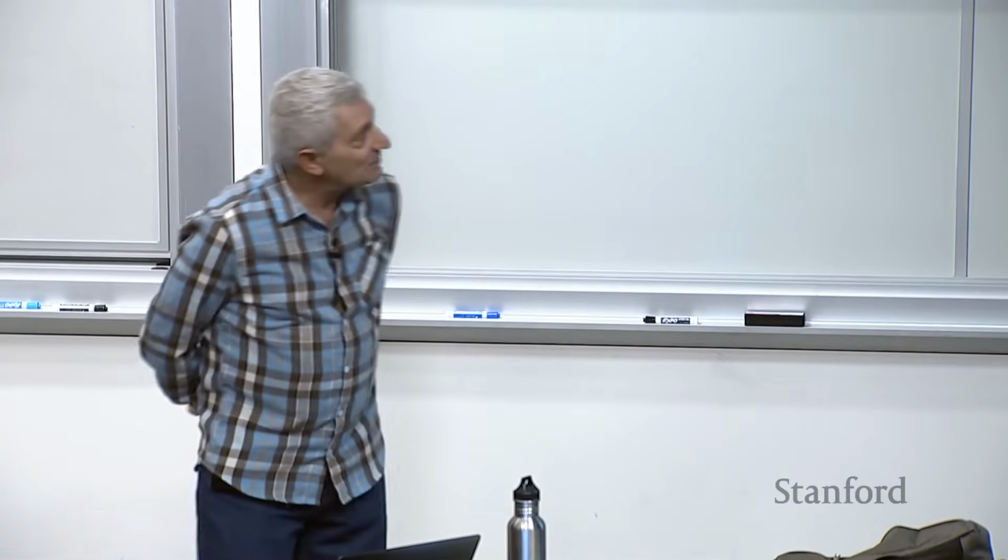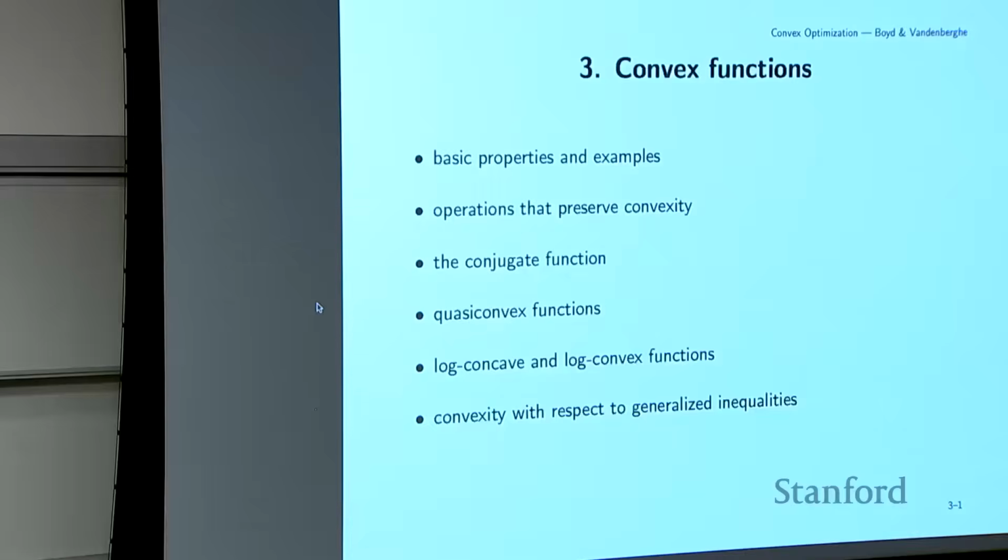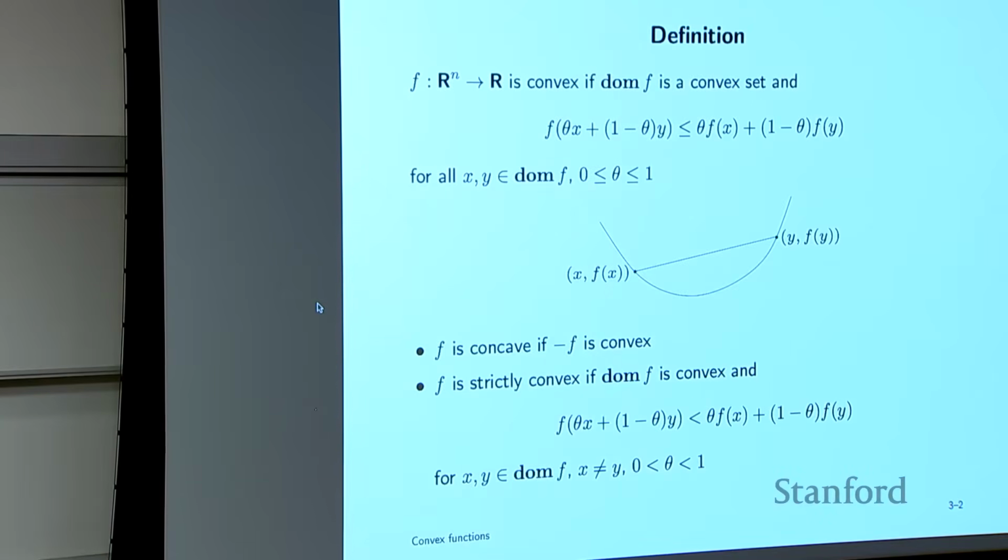Okay, now we're going to jump into convex functions. First I'll just say what a convex function is. A convex function is a function from Rn to R. It's got a domain, that means all the points for which f is defined. The domain has to be convex, and then it has to satisfy this inequality.